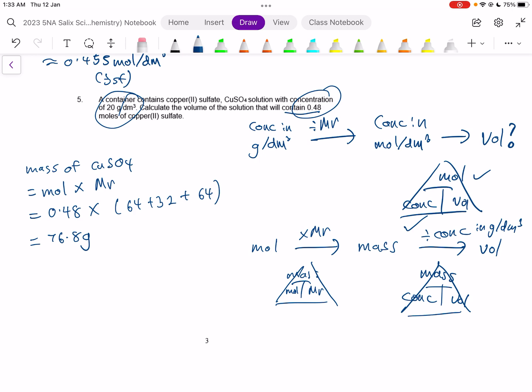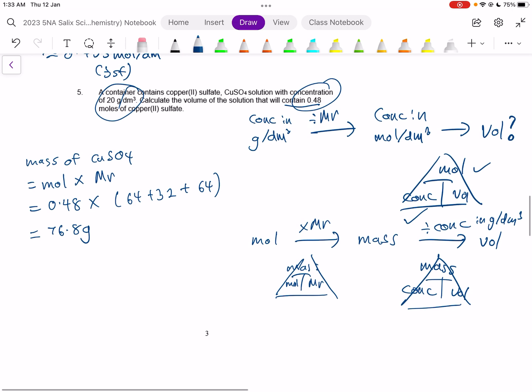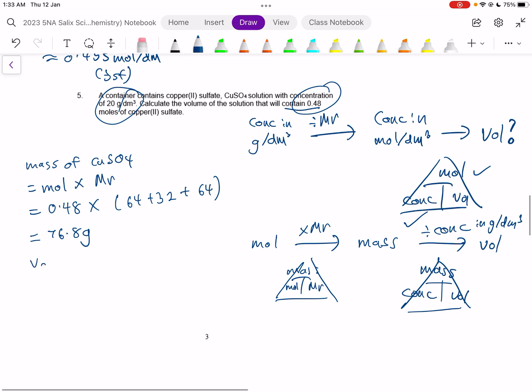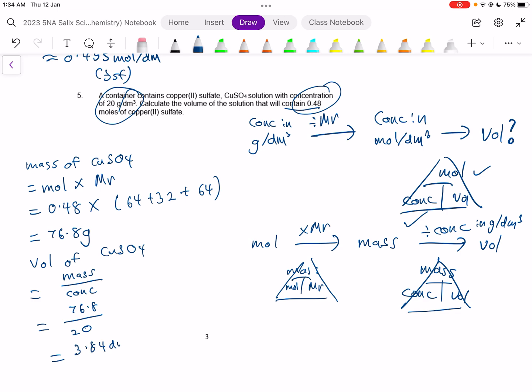The next thing is, once you have the mass, you can get the volume of CuSO4 by taking the mass over the concentration. Mass 76.8, concentration 20, gives 3.84 dm cube.